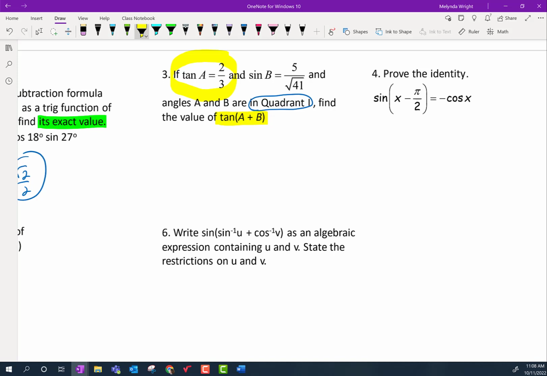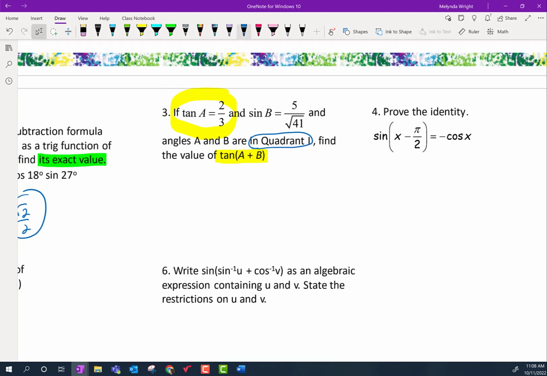So first of all, let's look. This is triangle A. If I needed to make the triangle to find tangent of A, I would, but I already have tangent of A, so I don't need to make the triangle. These are 2 different triangles. This is triangle B. This triangle I do have to make because I don't know what tangent of angle B is.